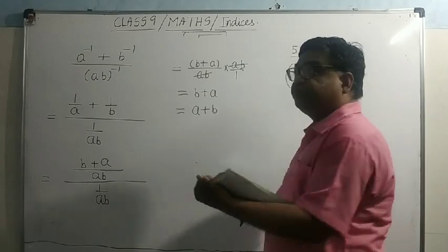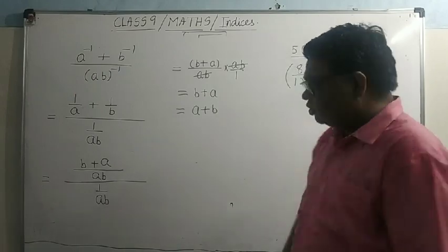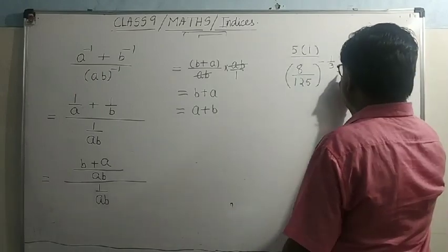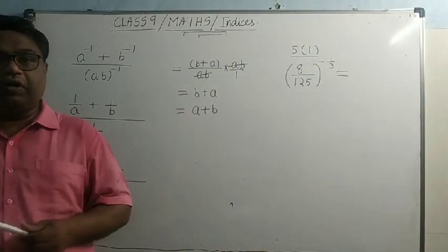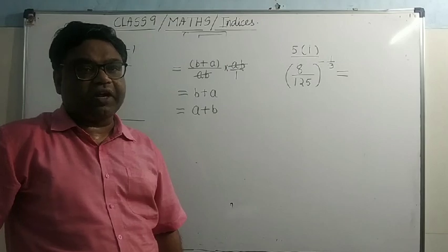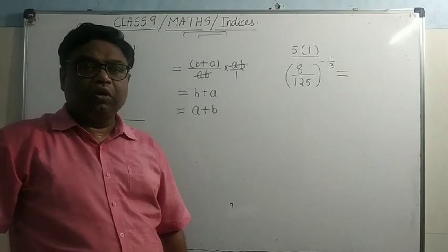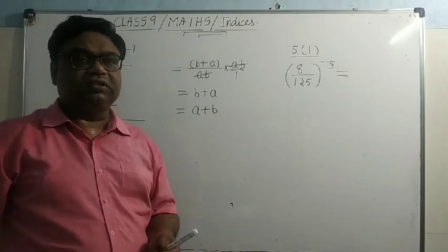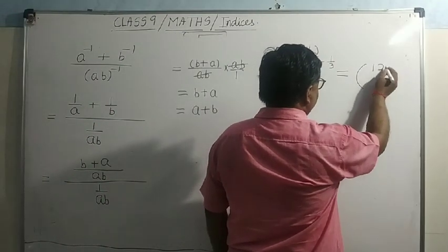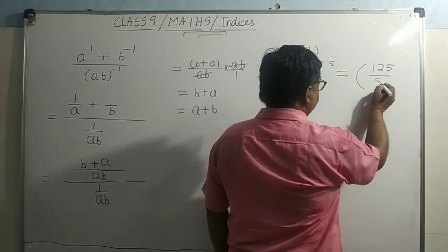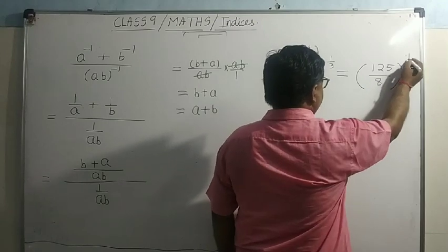This is question number 5, first part. This you have to simplify. So how will you simplify? Since the power is negative and the base is a fraction, what will you do? You reciprocate the base and make the power positive. Means flip the base and make the power positive.